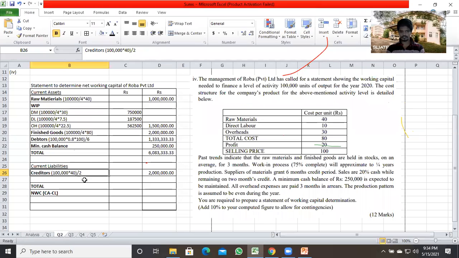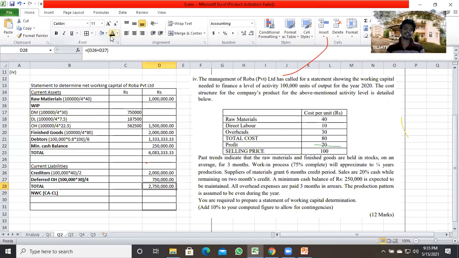Okay, now any suggestions to calculate the overheads? It's simple. You can identify the total overheads, then normally what we can do is divide by 12 multiplied by 3. That's all. Then you can get this value, then get the total.